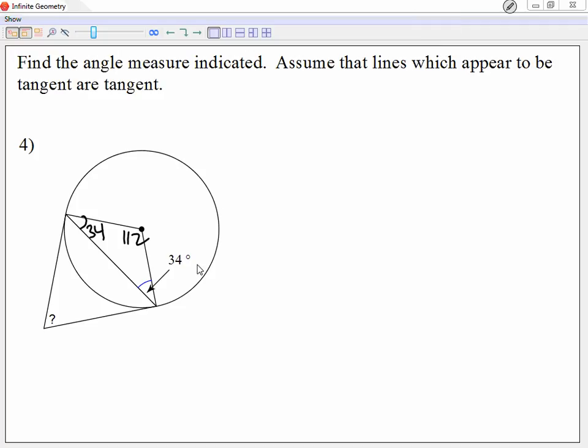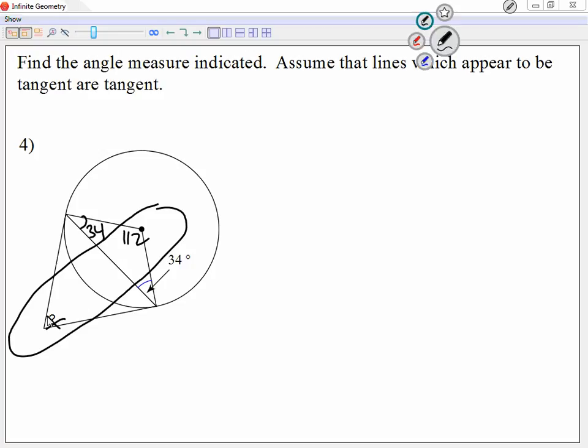Alright, so now having that said, I'm going to look at the top and bottom angles of my kite. Because remember, you see my kite there? So the top angle is 112, the bottom angle is x. And remember, on these kites, the top and bottom add up to 180.